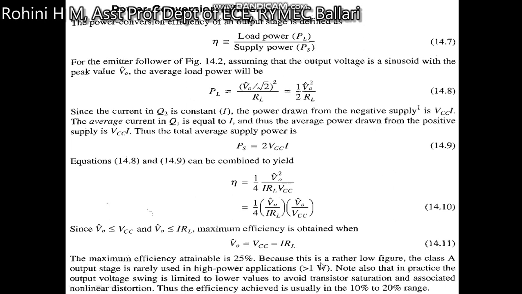Because this is a rather low figure, the class A output stage is rarely used, since we are getting only 25% efficiency. Therefore, the class A type of output stage is rarely used in high power applications. Note that in practice, the output voltage swing is limited to a lower value to avoid transistor saturation and associated nonlinear distortion.